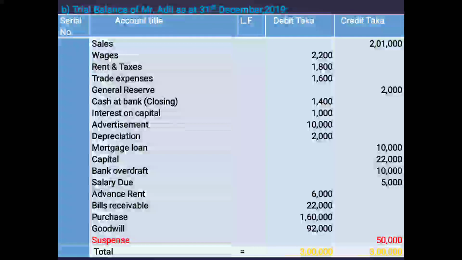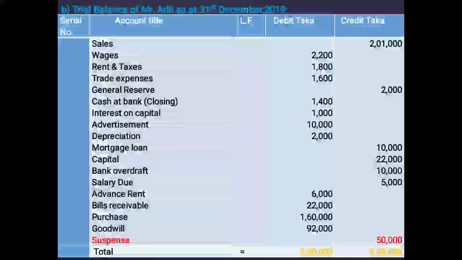Wages is one kind of revenue expenditure or expenses. Any expenses always show a debit balance, so wages is debited in this trial balance for taka 2,200. Rent and taxes is one kind of revenue expenditure, that is expenses, so it is debited in this trial balance for taka 1,800.